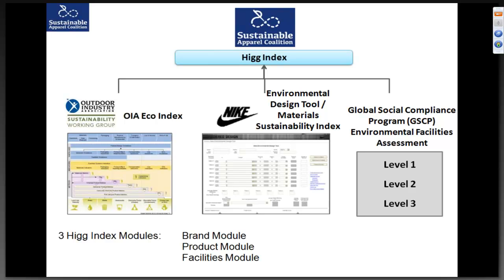As part of the HIGG Index, the chemical module of the OIA is being incorporated into that to be able to provide a scoring mechanism and a guidance for being able to develop, by the original intent, a chemical management program to help companies manage their chemistry and evolve towards more sustainable chemistries.